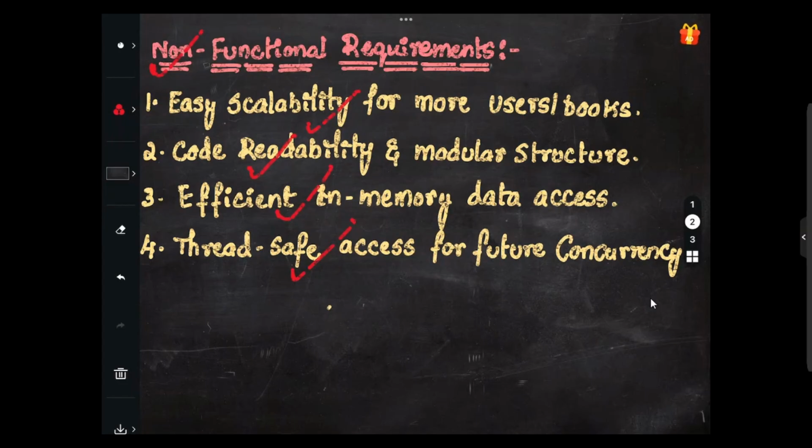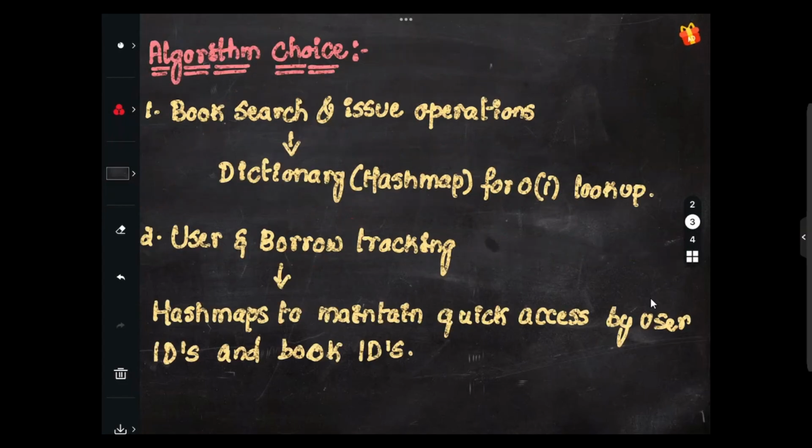Next, based on the functional as well as the non-functional requirements, let's go with the algorithm choice. First, for the book search and issue operations, we will be going with a dictionary, nothing but a hash map, for O(1) lookup.